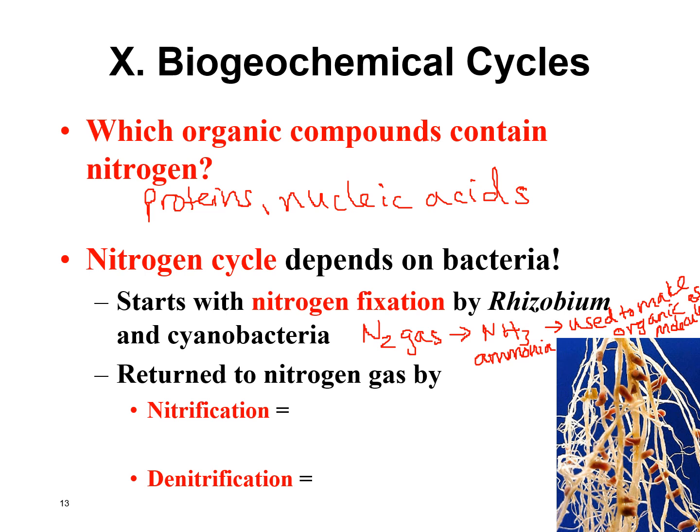So from nitrogen fixation, we then go to nitrification, which is defined as we convert the ammonia to nitrites or nitrates. And I'm not going to ask you these chemical formulas.